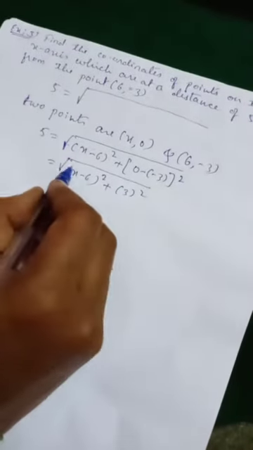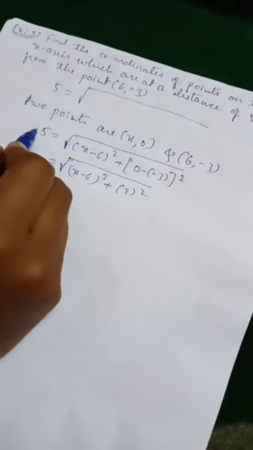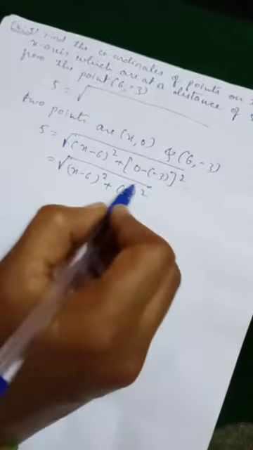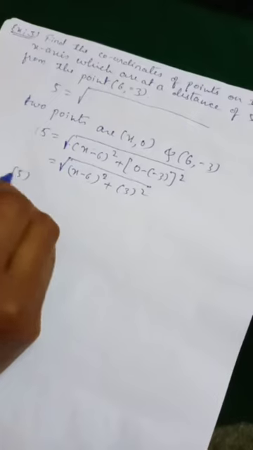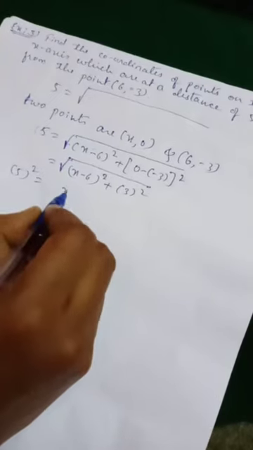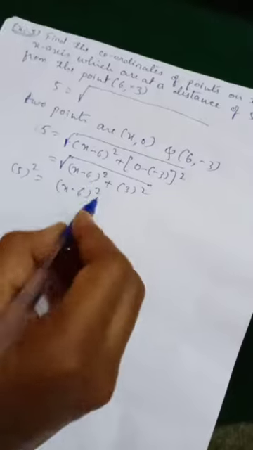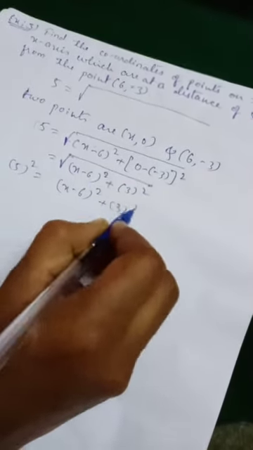Now to remove this square root, we have to square on both sides, that is 5 square is equal to (x minus 6) square plus 3 square. Now simplify this. That is 25 is equal to, so this is the formula of (a minus b) whole square, which is a square minus 2ab plus b square. So this formula we have to apply here.